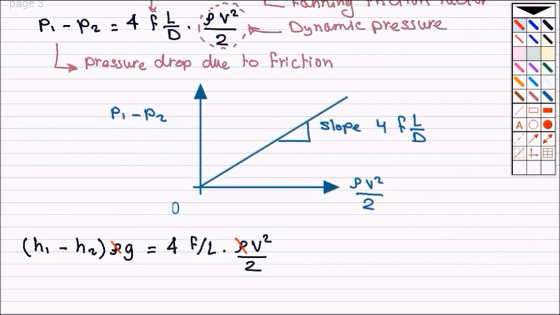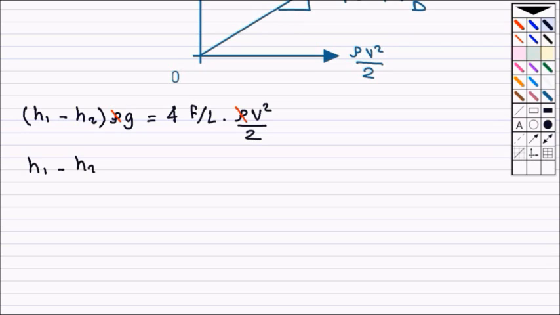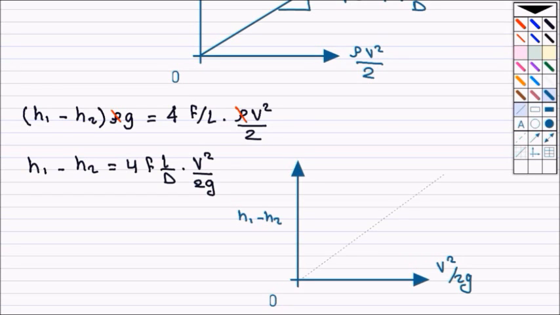So rho will cancel rho, and here H1 minus H2 will equal 4F times L by D times V squared by 2g, as g transfers to the right-hand side of the equation. By plotting head loss against dynamic head, it's a linear relationship, and the slope will be 4FL by D.